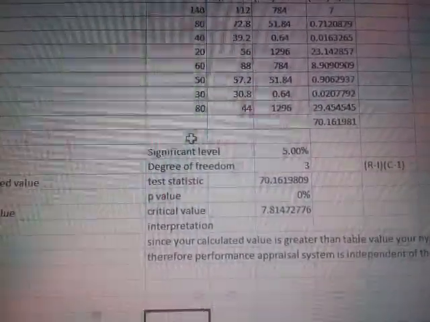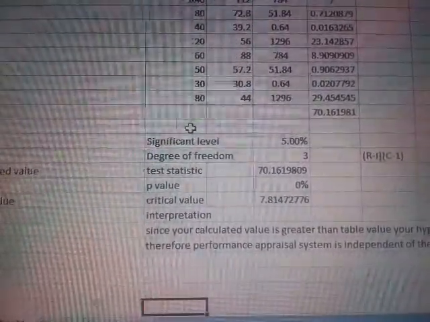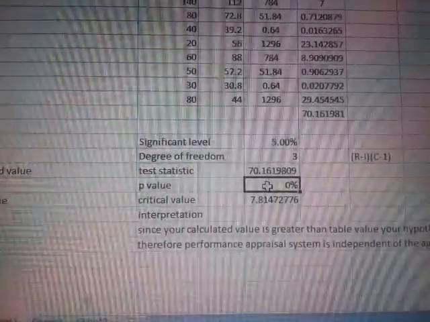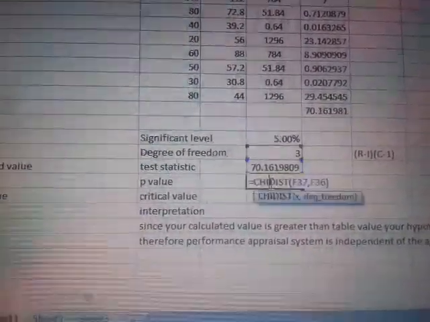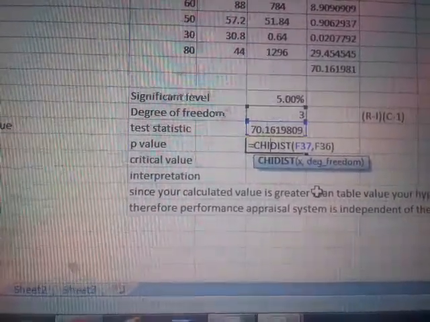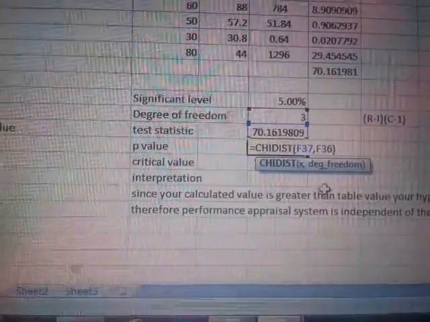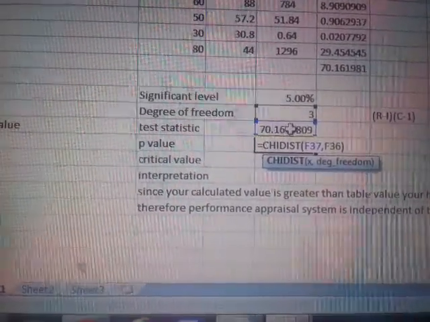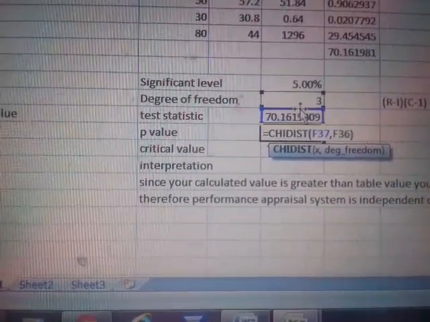How to calculate your degree of freedom, how to calculate your p value. P value you can calculate with the help of this formula, CHIDIST: x, which is your test statistic, comma, your degree of freedom.